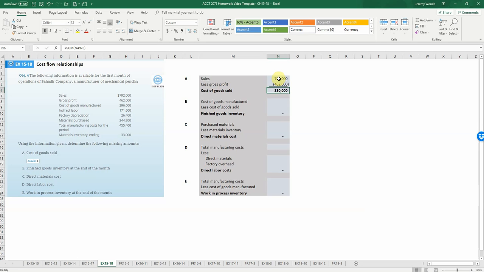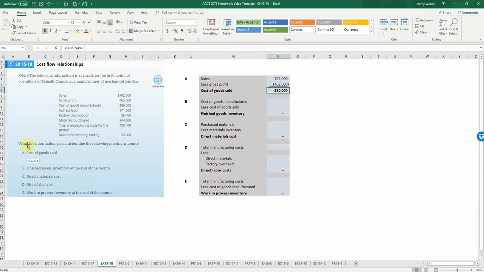So now in part B, we have finished goods inventory at the end of the month. For finished goods, it looks like in most of these they don't tell us anything about a beginning balance, so I think we can assume that the beginning balance is 0. Normally, for the finished goods inventory, we take our beginning balance plus what is transferred in, which is cost of goods manufactured that comes from work in process into our finished goods account, subtract out our cost of goods sold, which is what goes out of finished goods, and that will give us our finished goods inventory.